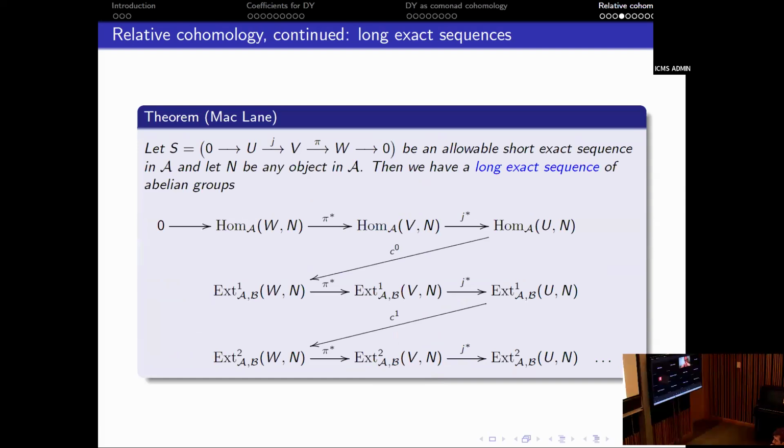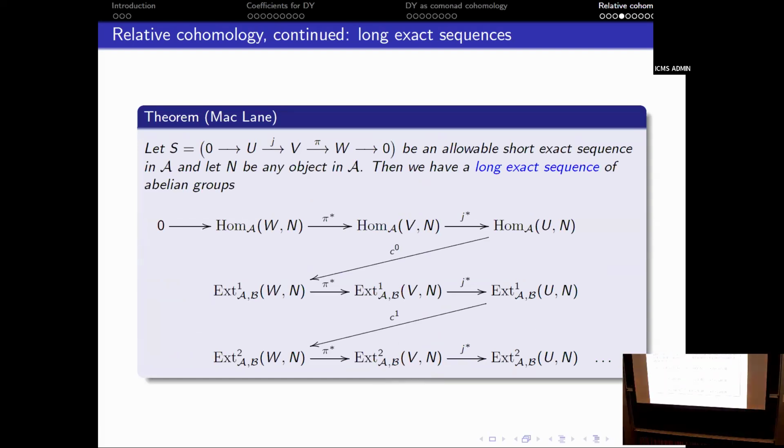It's now textbook methods to show that if we have an allowable short exact sequence for the coefficients, then we get a long exact sequence for the relative Ext groups, and that's of course a fantastic computational tool. And everybody here in this room can prove it, and the proof is also in Mac Lane.